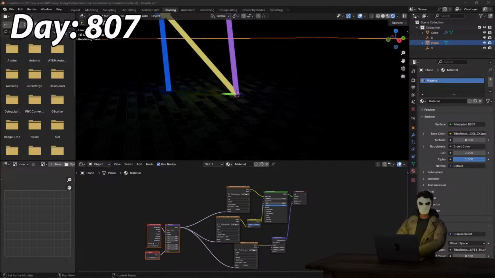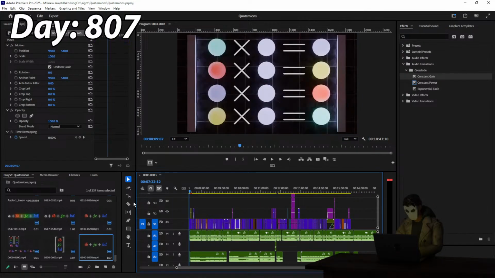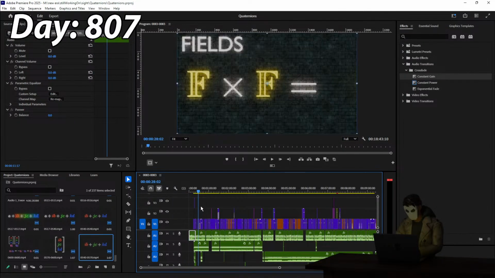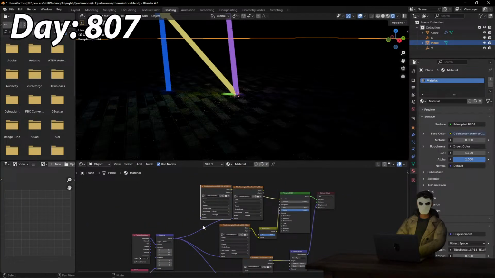I'm running out of materials, nice looking materials that I could set this up as. Have I used the cobblestone arch in this yet? Or have I used it at the very beginning? I might have used it at the very beginning, but I don't know. I'm having trouble remembering. No, I actually haven't. And the cobblestone arch is actually a gosh darn good texture.